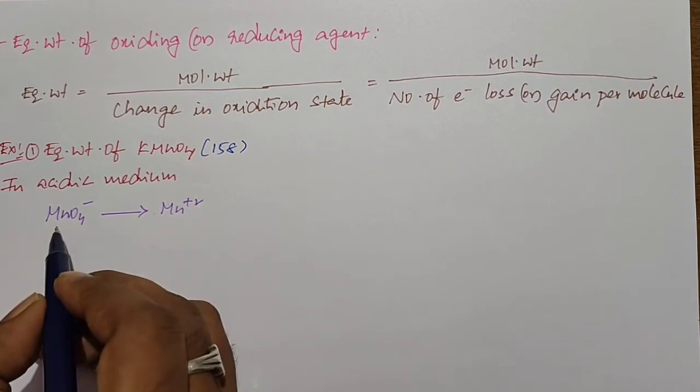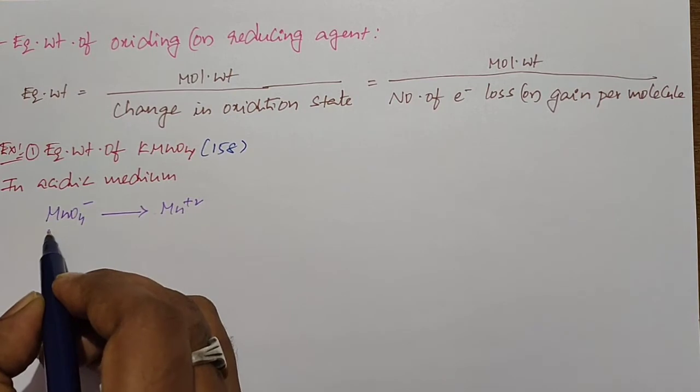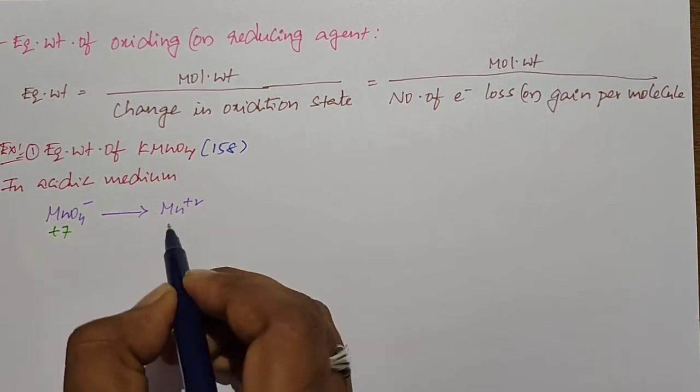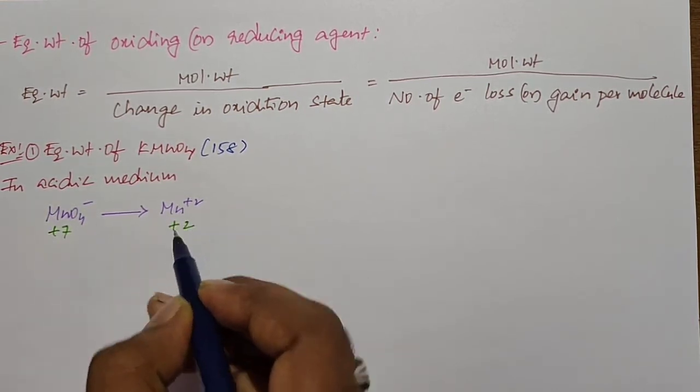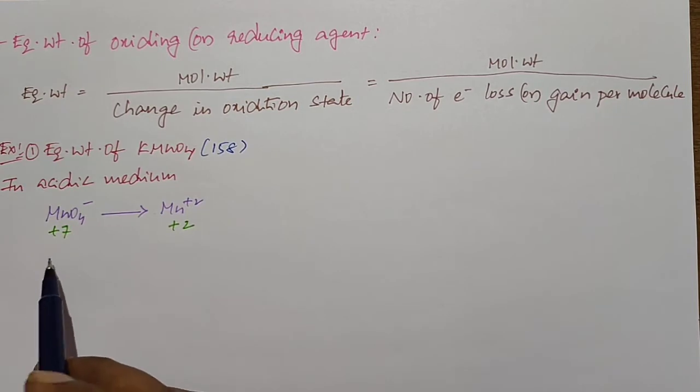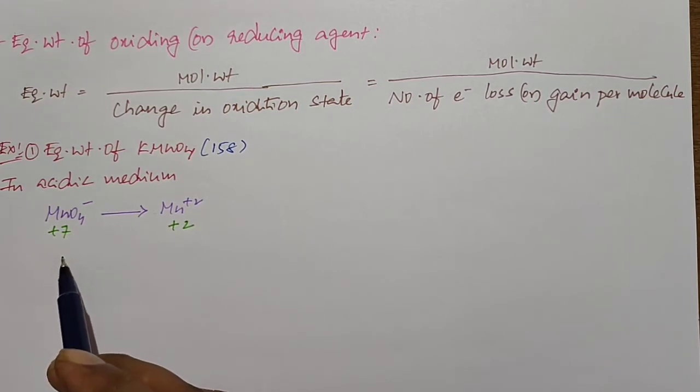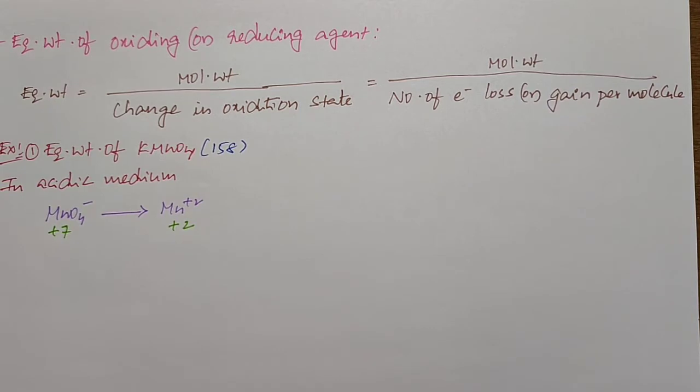In the reactant, the permanganate ion, the oxidation state of manganese is +7. Here we have the oxidation state +2. You will learn how to find the oxidation state in the topic of redox reactions, where you can learn how to find the oxidation state of a given atom in a molecular species.